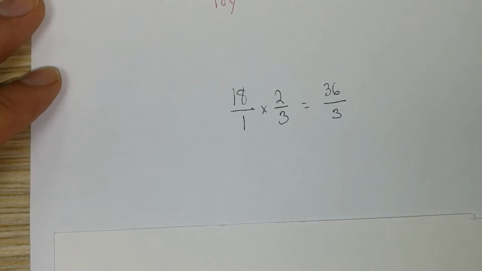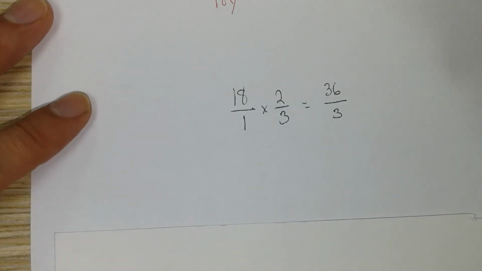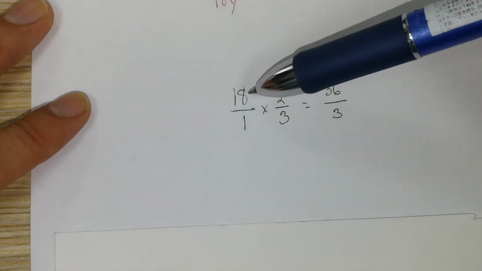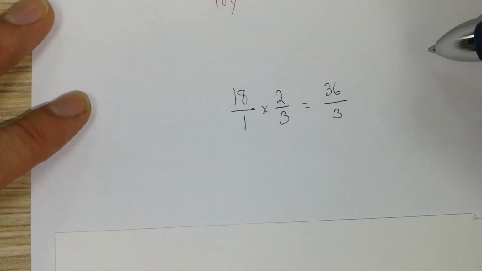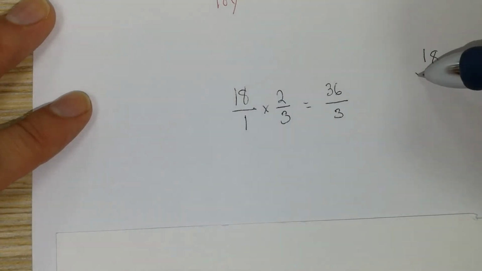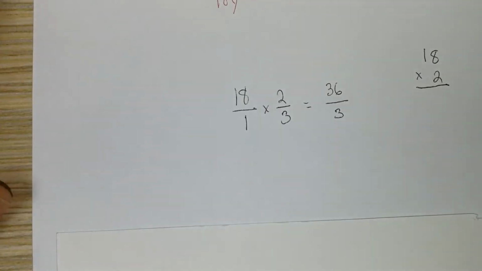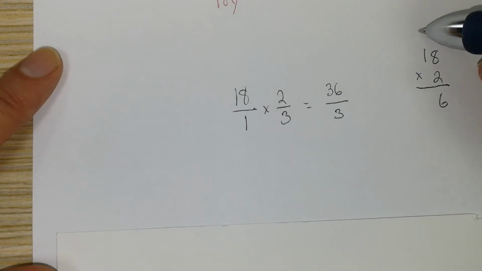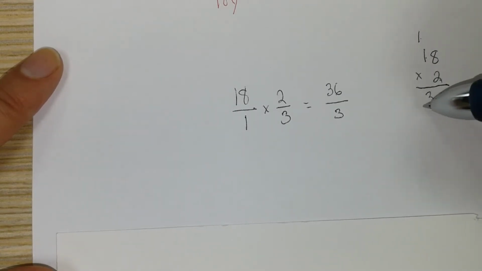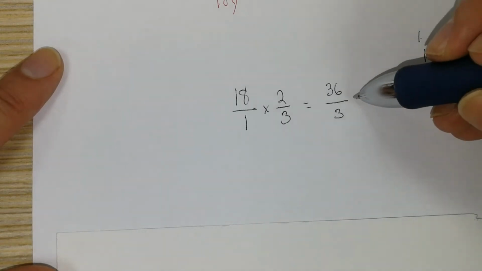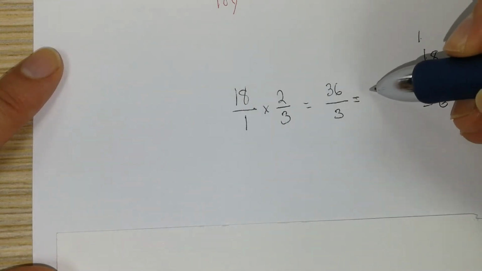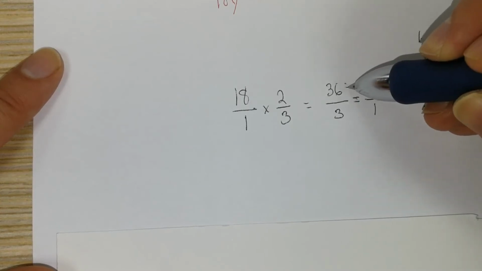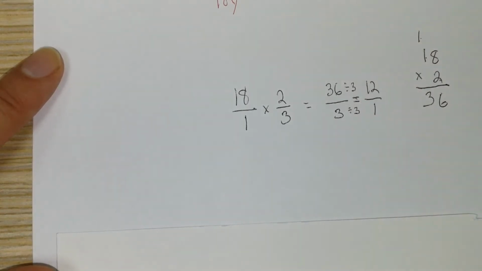And since you cannot use a calculator on your multiple choice part of the exam, if you don't know 18 times 2 in your head, well then work it off on the side like you learned, hopefully, back in elementary school. 2 times 8 is 16, carry the 1. 2 times 1 is 2. Plus 1 is 3. That's how I got 36. 36 divided by 3, really I can divide each by 3. And that gives me 12 over 1, which is the same as 12.